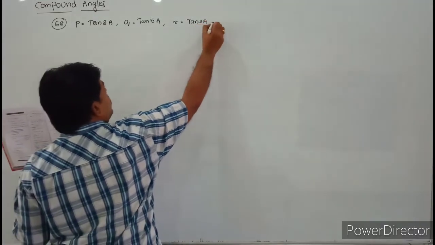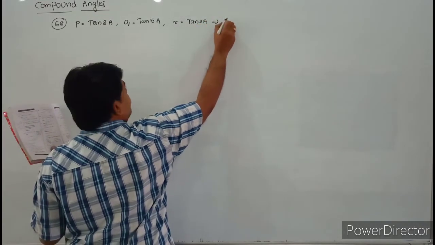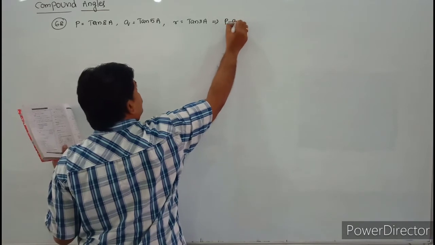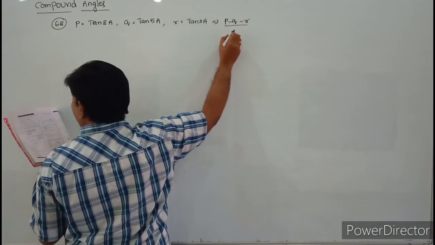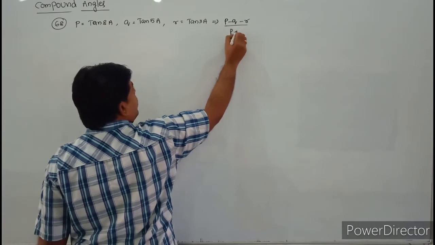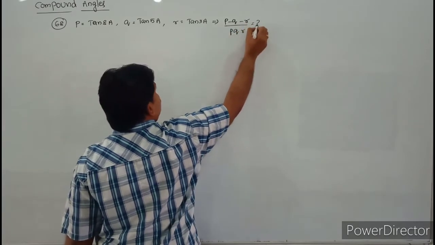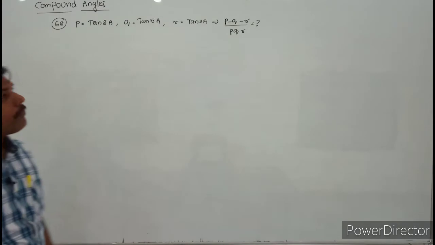Then what is the question? The quotient is p minus q minus r by pqr. So they are asking for this value.